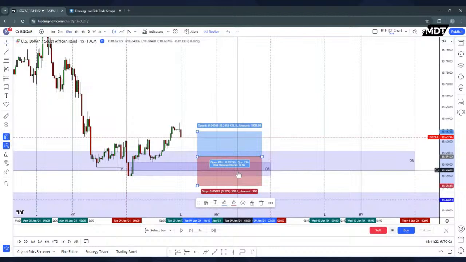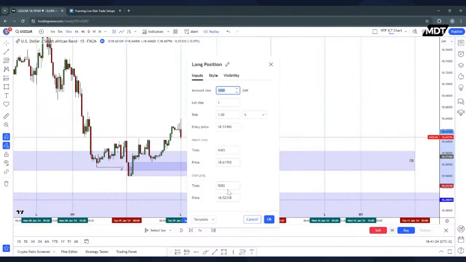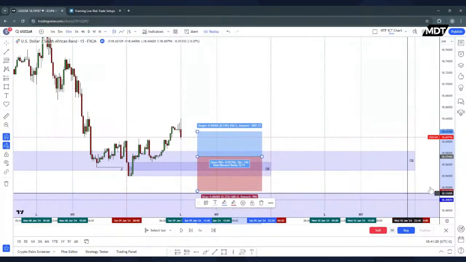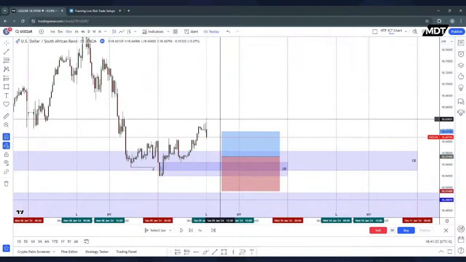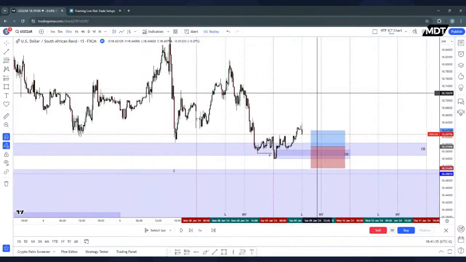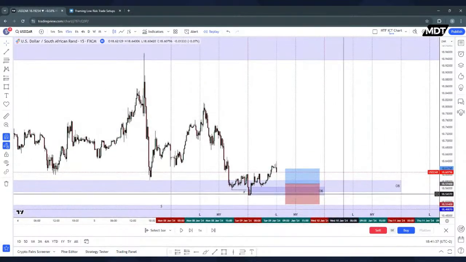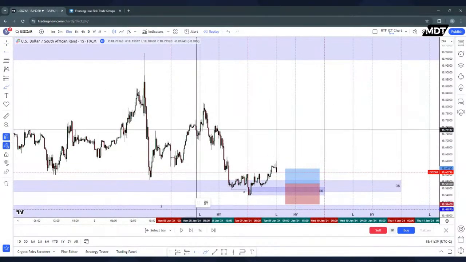Around the pips, yeah, it's more than enough room. And then our TP, we actually have 2 take profit points if we look to the upside.